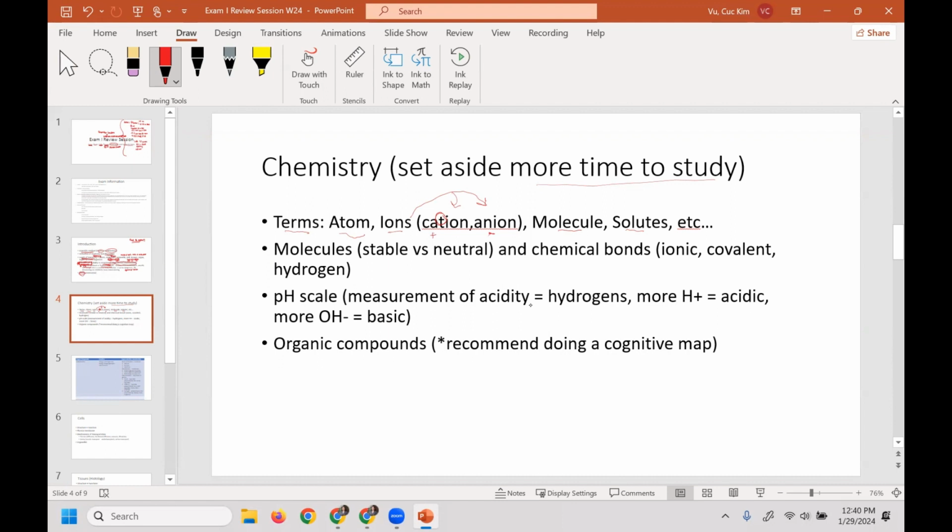Then within molecules, you're going to want to be able to know what's stable versus what's neutral and what does it prefer. So let's just go through that together. What does it mean for a molecule to be stable versus what does it mean for a molecule to be neutral?